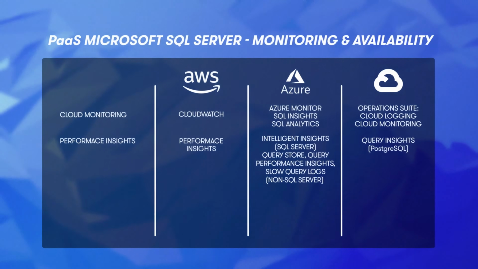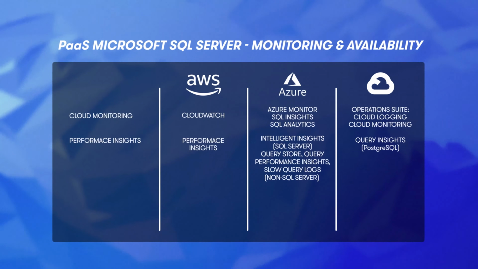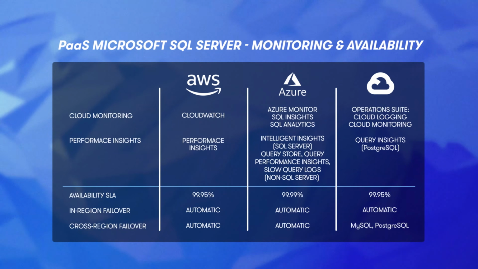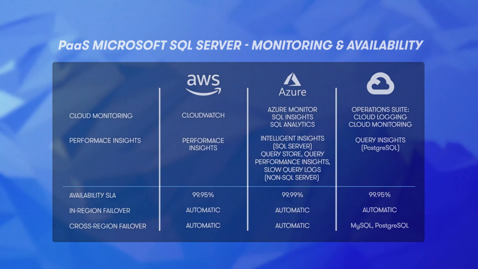Rather than choose the database version that you want to host, it provides an evergreen version of SQL Server that is always patched. All three providers offer integration into native cloud monitoring solutions and performance insights and recommendations. Azure comes out slightly ahead in terms of availability with a higher SLA and automatic cross-region failover.